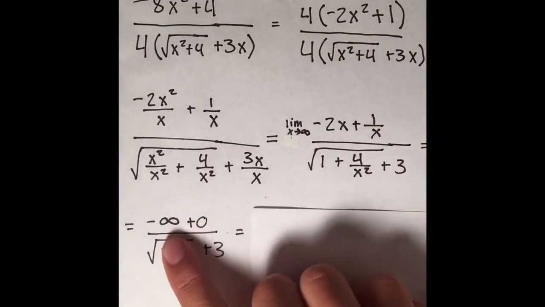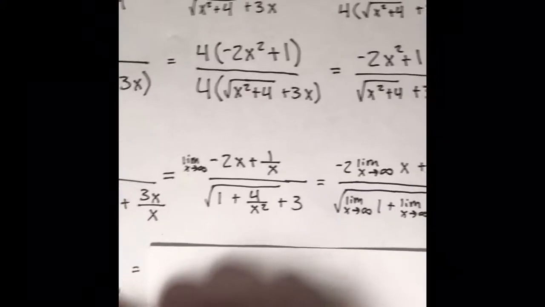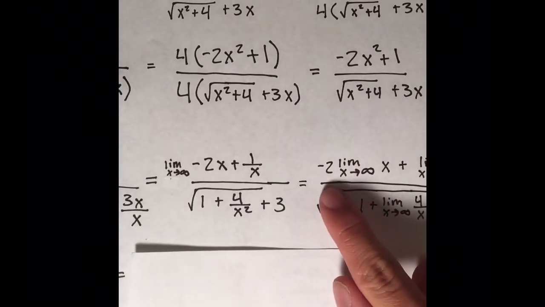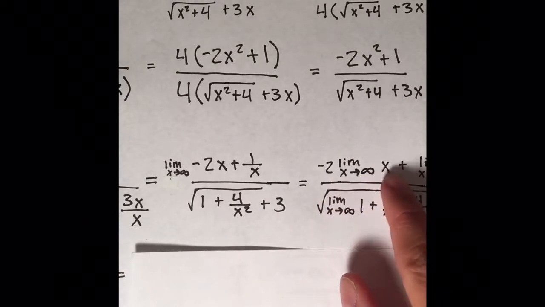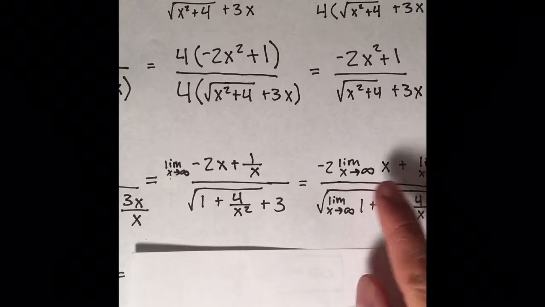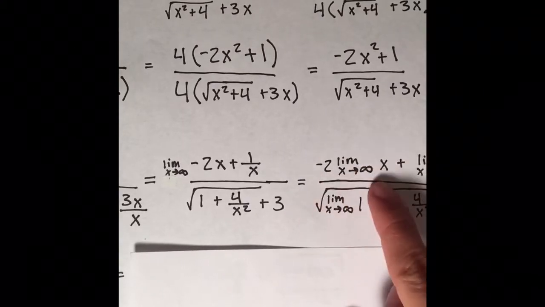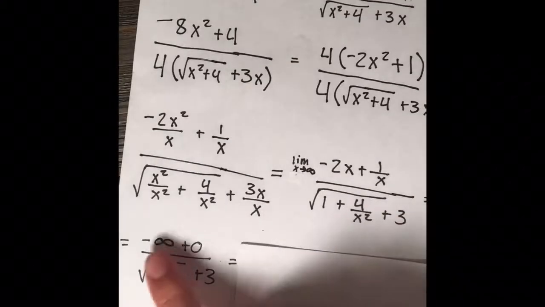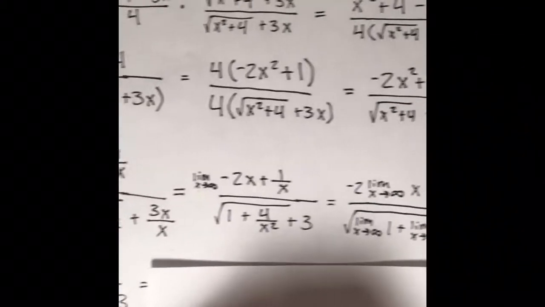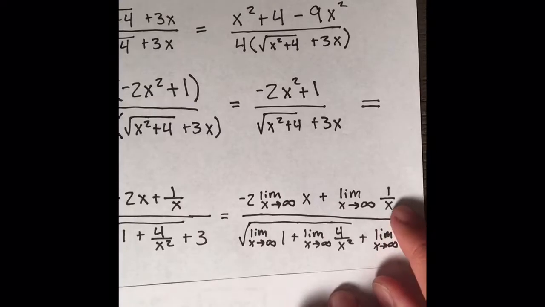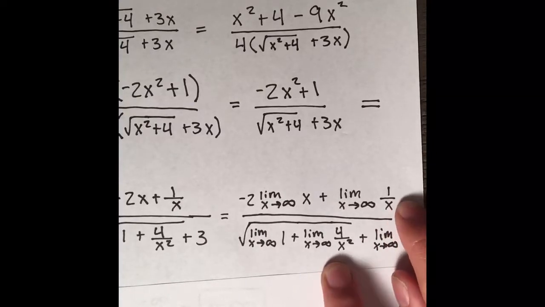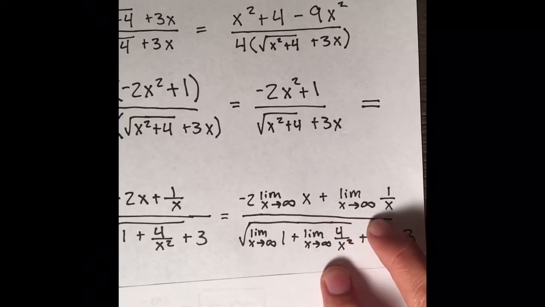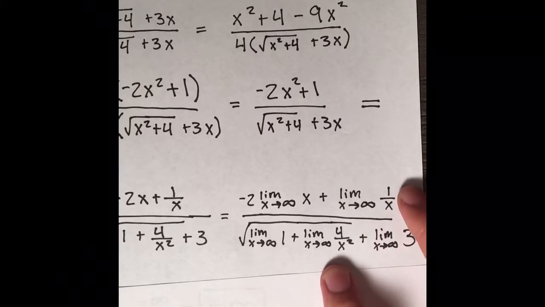This is negative infinity, because when you multiply negative 2 by x as x approaches infinity, it is going to be negative 2 times infinity, which is negative infinity. And then these two values are going to be zeros. As x goes to infinity, when you have 1 over x, this x is going to go to infinity.